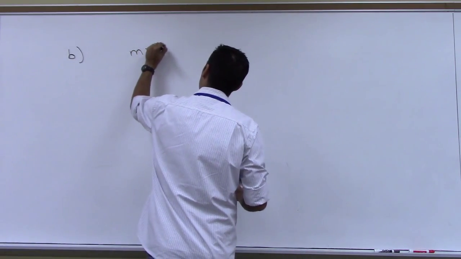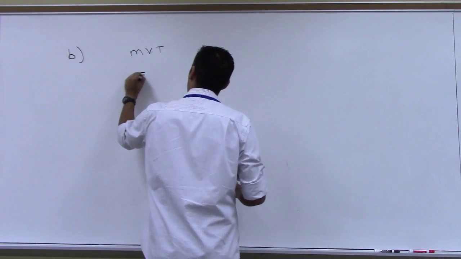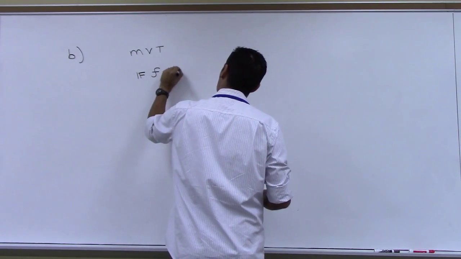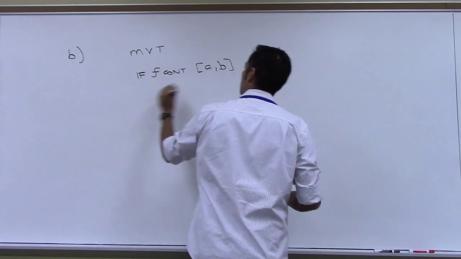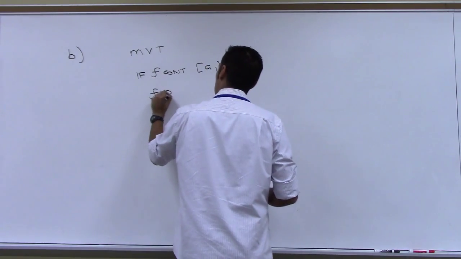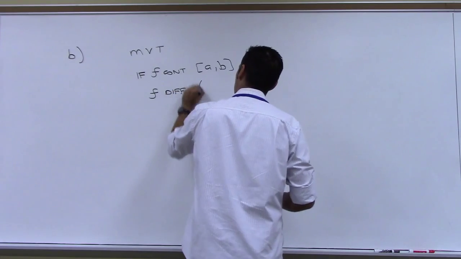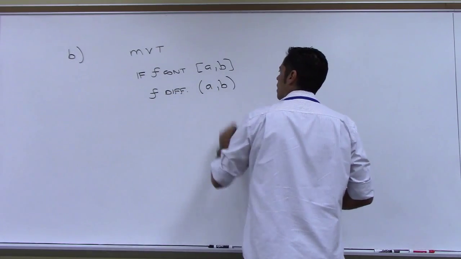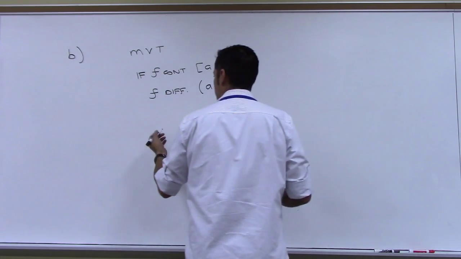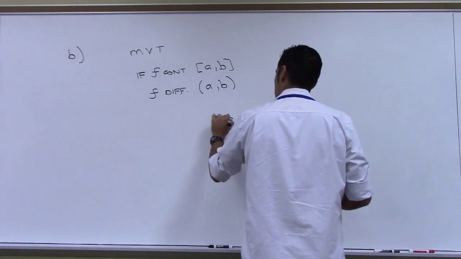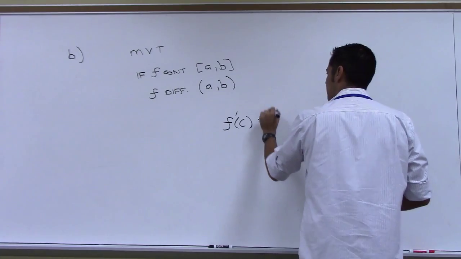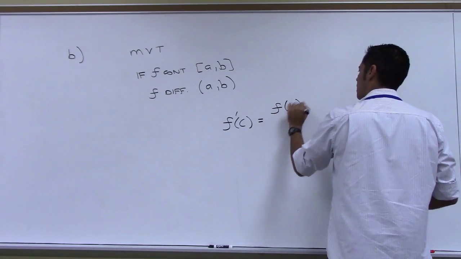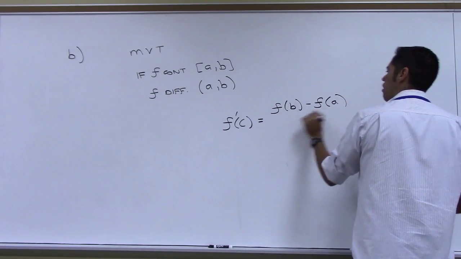The mean value theorem said that if f is continuous on a closed interval, if f is differentiable, that means you can take the derivative on the inside of it, then there exists a number, c, such that the derivative at c is equal to f of b minus f of a over b minus a.